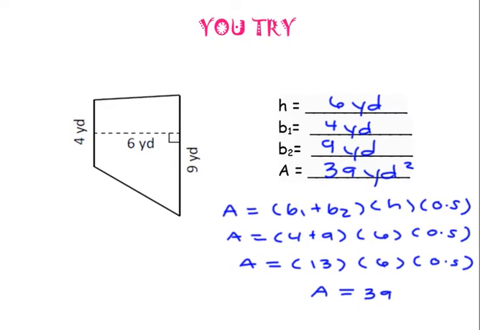So for this trapezoid, you should have gotten 39 yards squared. And go ahead and check my work if you did not. Let's go ahead and try the next one.